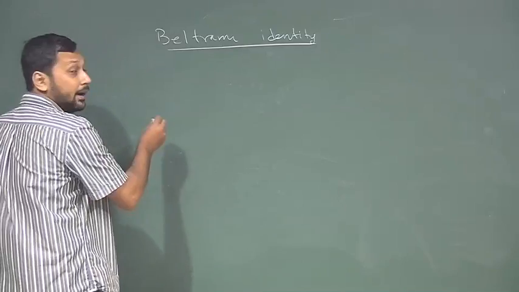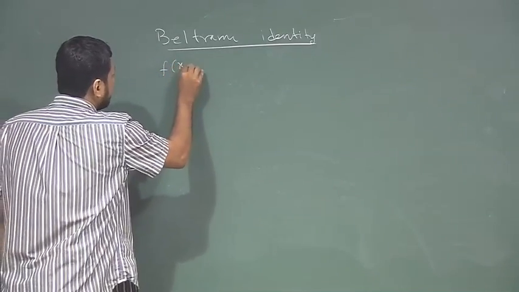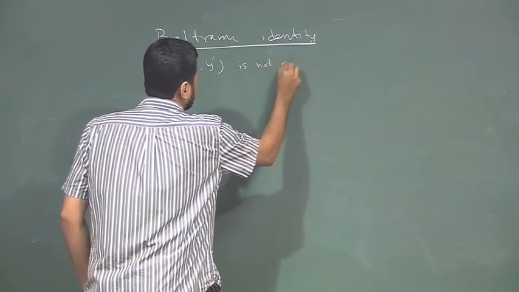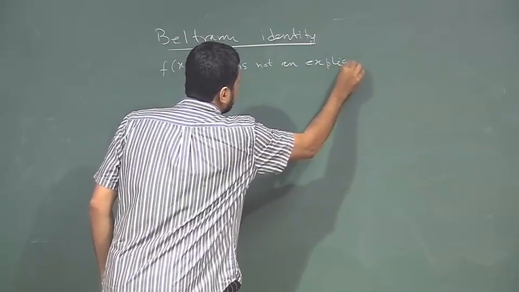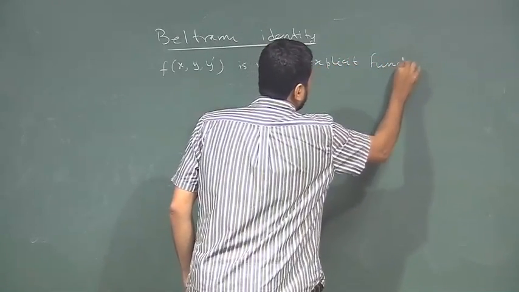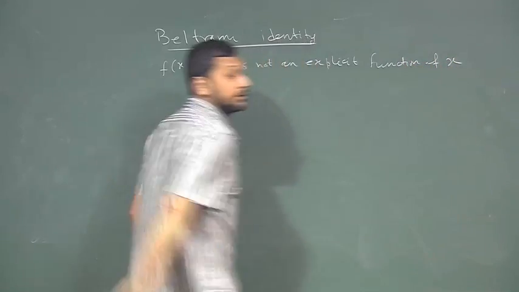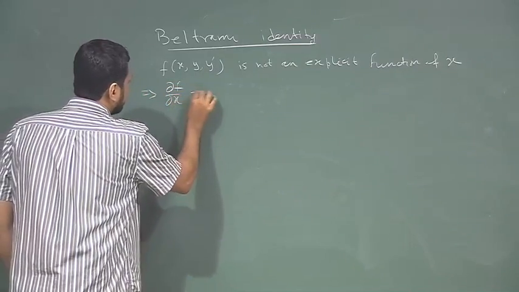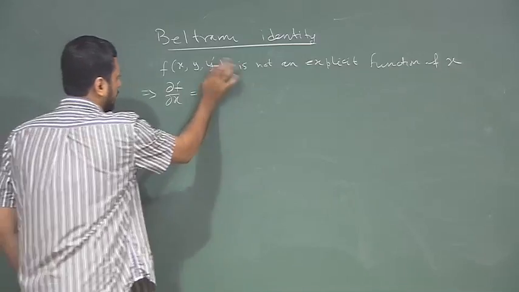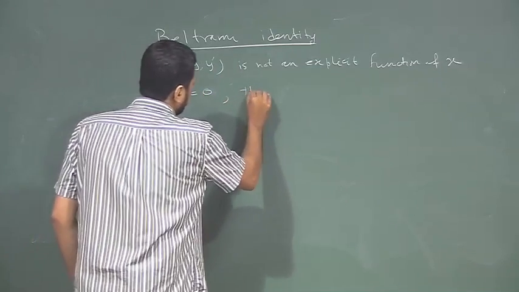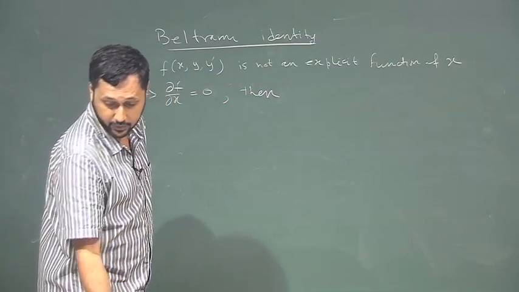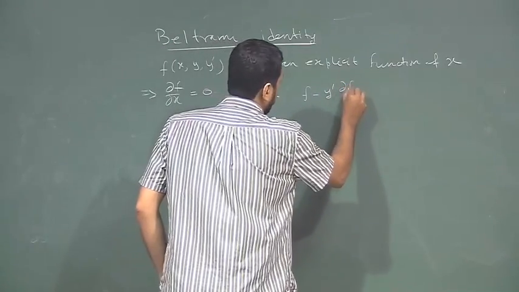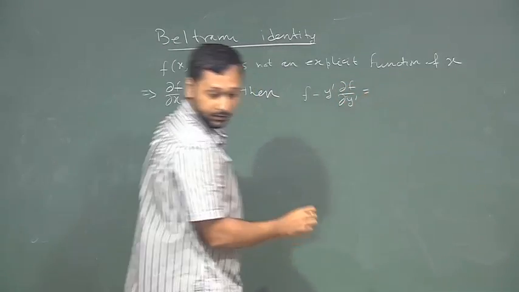Right. So, the Beltrami identity says that if this function f(x, y, y') is not an explicit function of x, that means if ∂f/∂x is equal to 0, then we have f minus y' ∂f/∂y' is equal to a constant.